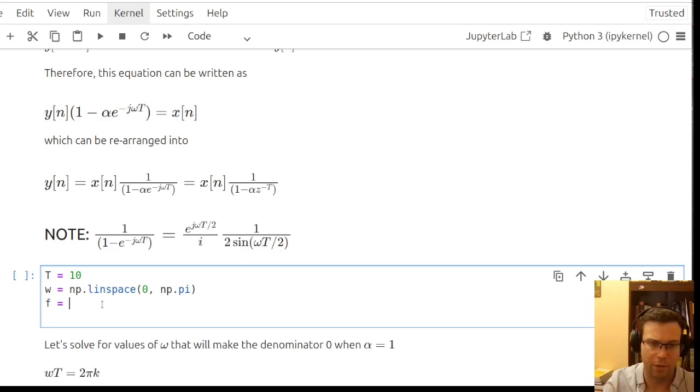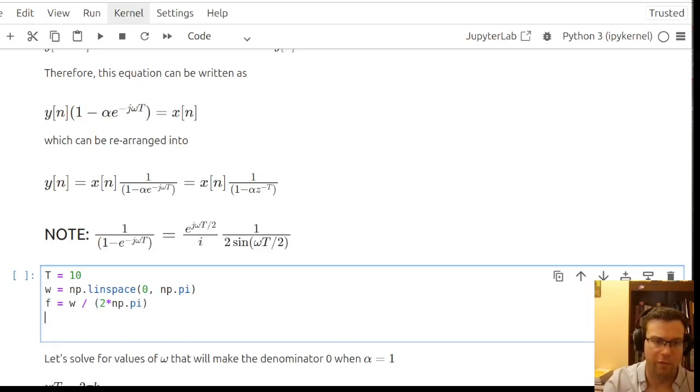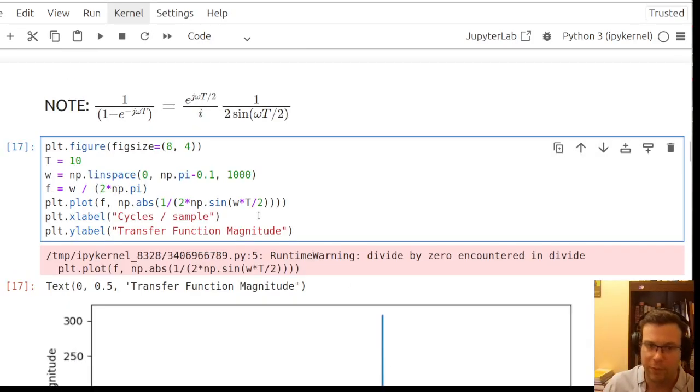So I'll divide this by 2 pi. So I plot f versus 1 over 2 sine of omega times tau over 2, or T over 2. Oops, I had to change this to space 1,000 frequencies, and I don't want to go all the way up to pi because that's for sure going to be a divide by 0 here.